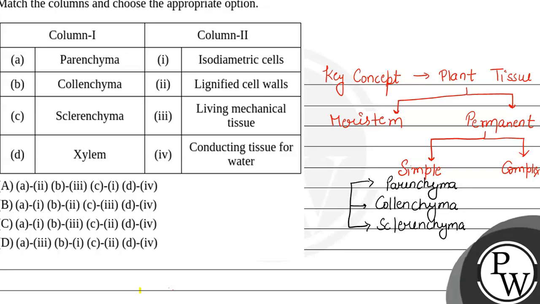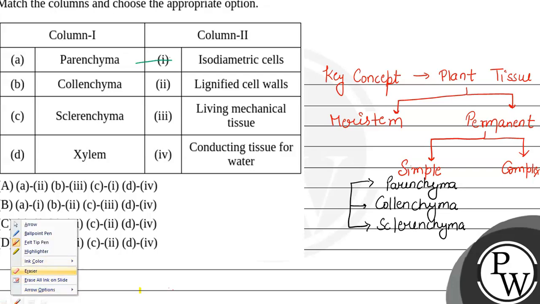let's see the options. So parenchyma की अगर मैं बात करूं, so I told you that parenchyma has oval or circular cells. So it will be correct to say that parenchyma के साथ ये वाला ऑप्शन जाएगा, फर्स्ट ऑप्शन जाएगा. Am I right? Because the first option says isodiametric cells.